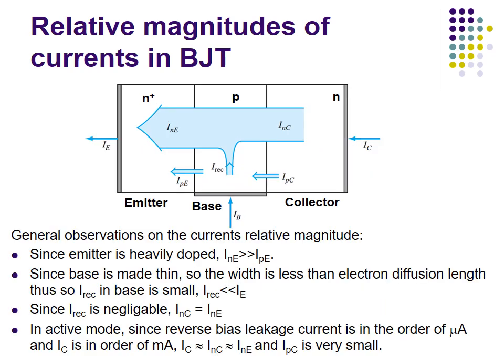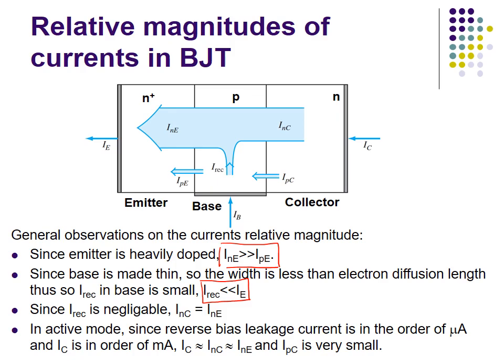General observations on the currents' relative magnitude can be given here. Since the emitter is heavily doped, INE is much larger than IPE. Since the base is made thin, so the width is less than the electron diffusion length, thus IRAC in base is small, in which IRAC is much smaller than IE.